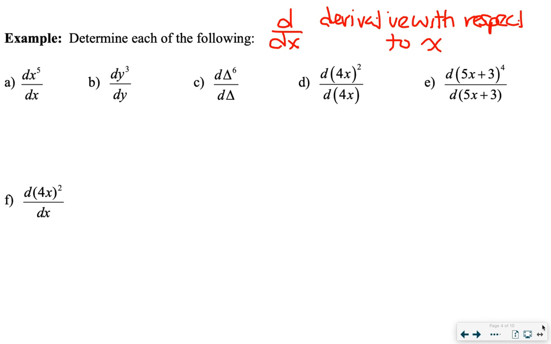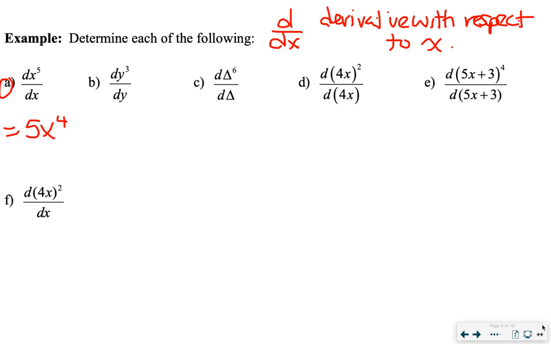Okay, so I'm taking the derivative with respect to x. All right, so if I'm looking at the derivative for the first one, so I'm looking at the derivative of x to the 5 with respect to x. Right, so that's just taking the derivative of x to the 5, as we have been doing. Right, so then my answer would be, using my power rule, 5x to the 4.